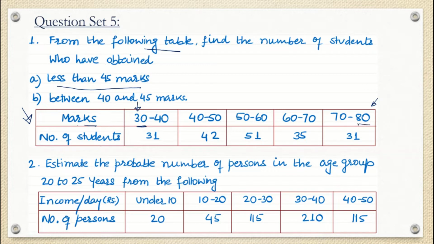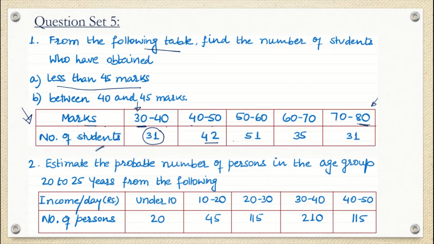The table is divided into columns. The first column has the range of marks between 30 and 40, the second column has the range between 40 and 50, and so on. The second row says that a total of 31 students have got marks between 30 and 40. Similarly, the second column says that a total of 42 students have got marks between 40 and 50, and so on.